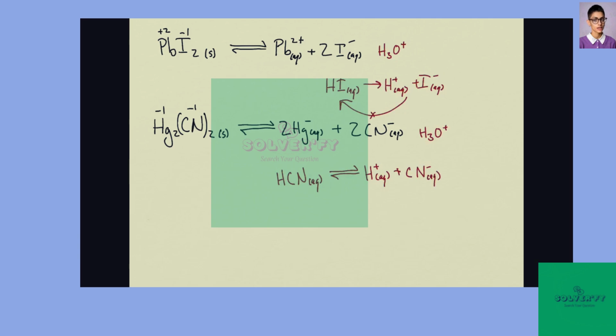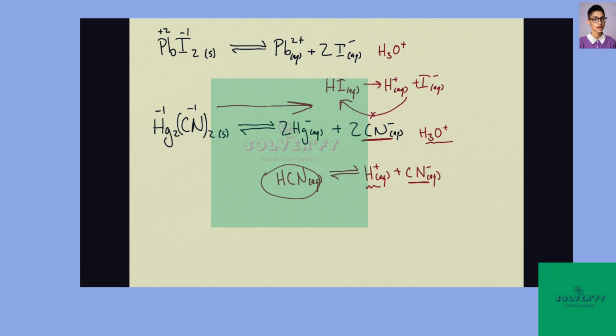So if we add H plus ions or H3O plus ions, it will react with the CN minus and form HCN, which will push this reaction to the right because of Le Chatelier's principle.